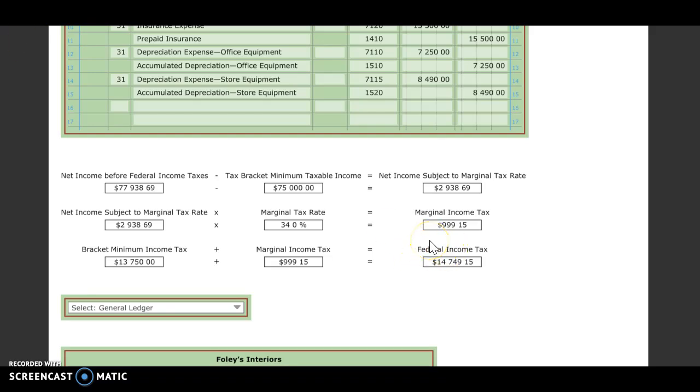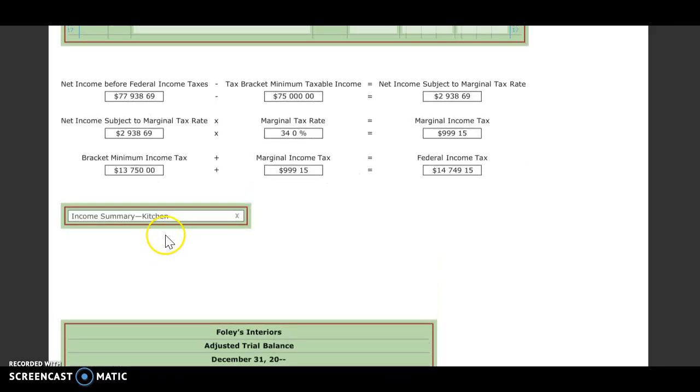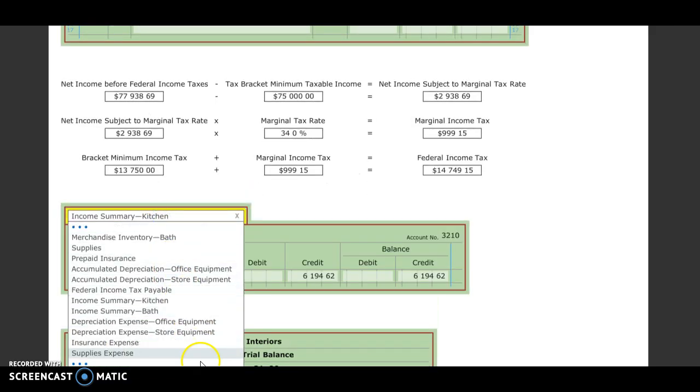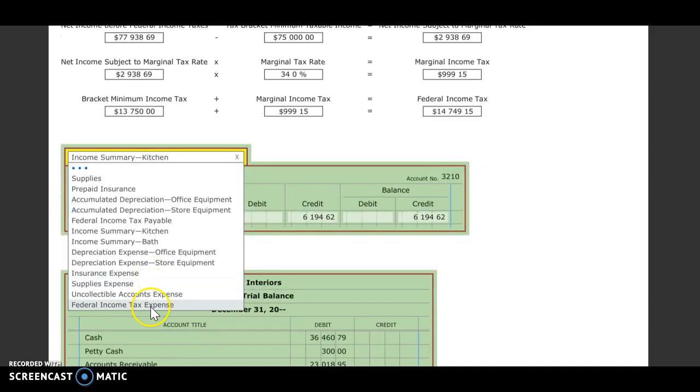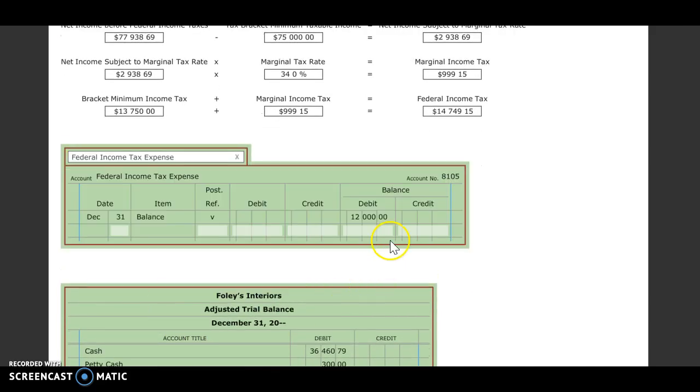Okay, so now step number 5 tells us that we need to, we're still in step number 4. We need to prepare and post the adjusting entry for the federal income tax expense. So what we're going to do here is we're going to go to our general ledger. And I'm going to find my federal income tax expense. And right now I see that I have $12,000 in there. So I need to find that difference between those two. Okay, the difference is going to be $2,749.15.